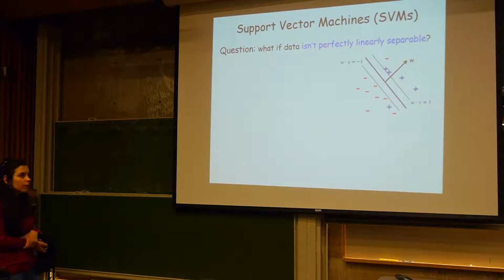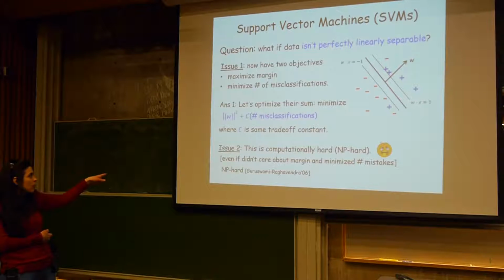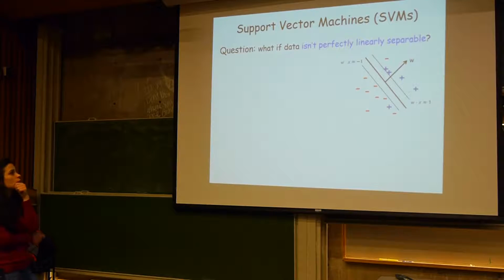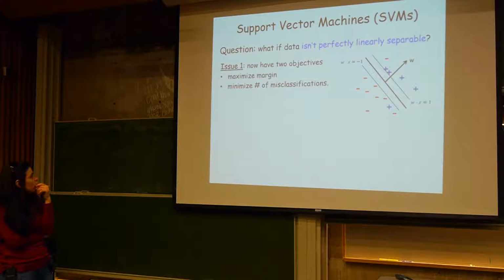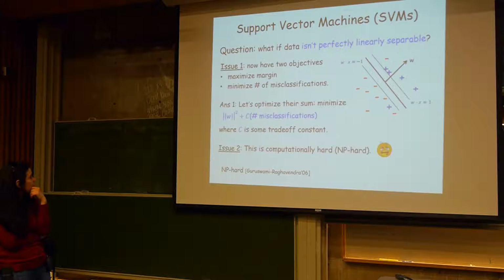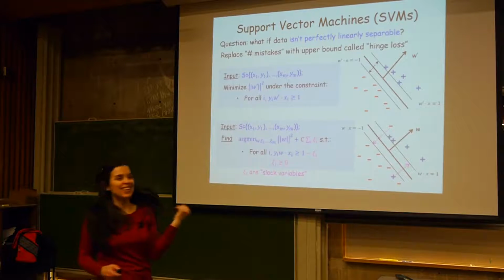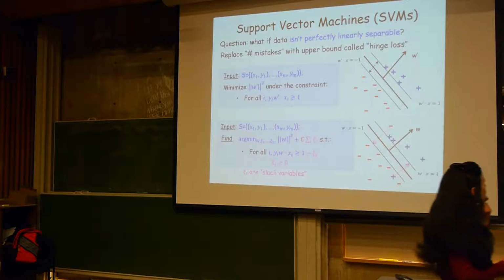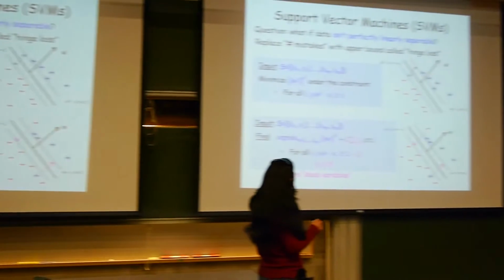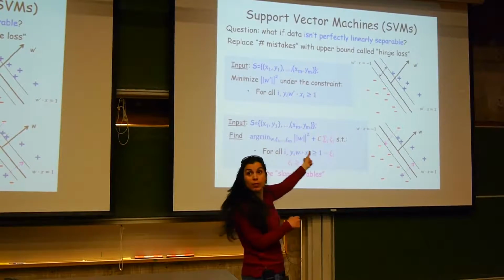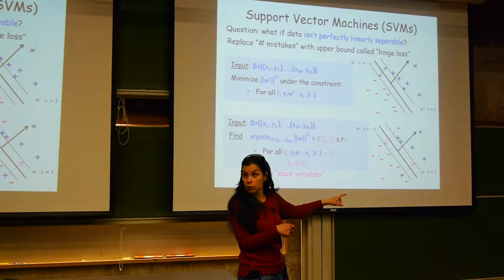As argued, in this original form, this problem is NP-hard, but here is the classic SVM solution to this. Going back, let's think for a second about the realizable case, because we're going to modify the perfectly separable case to handle noise in a specific way.